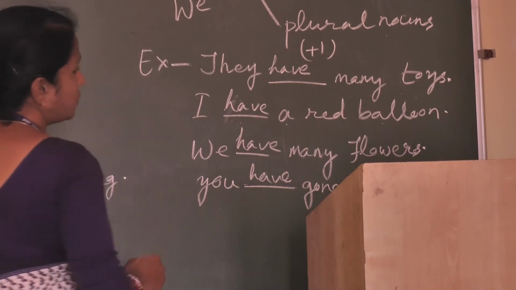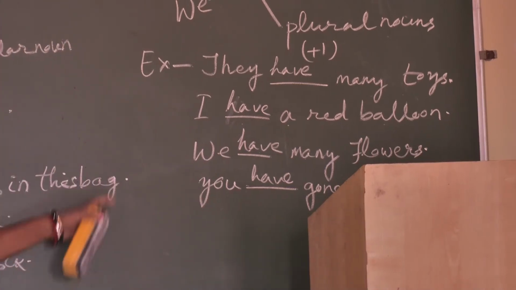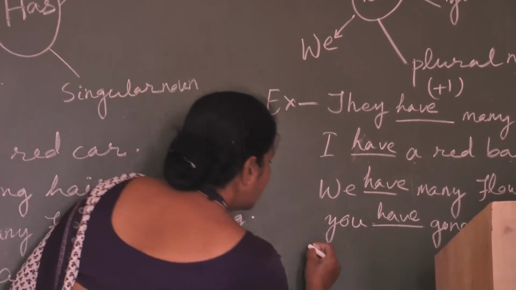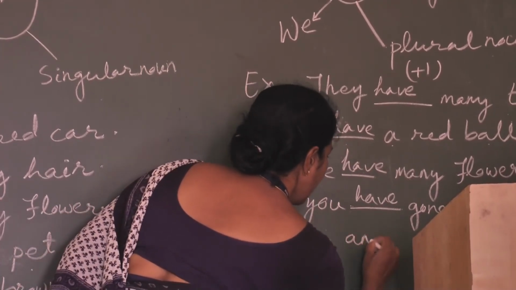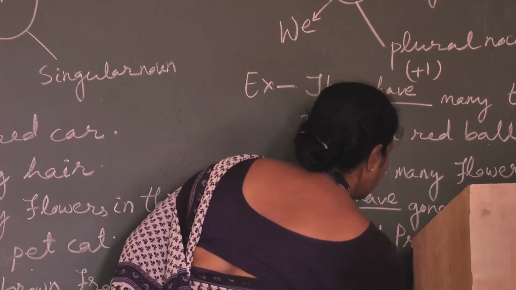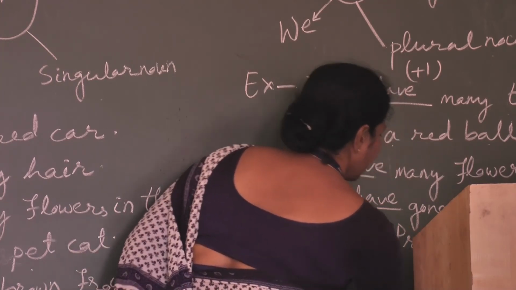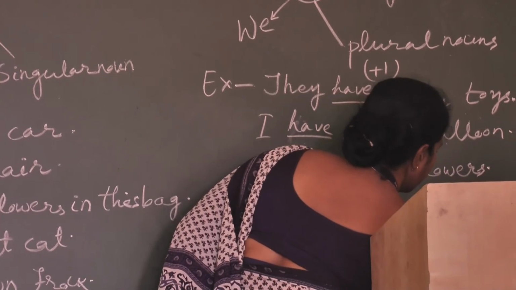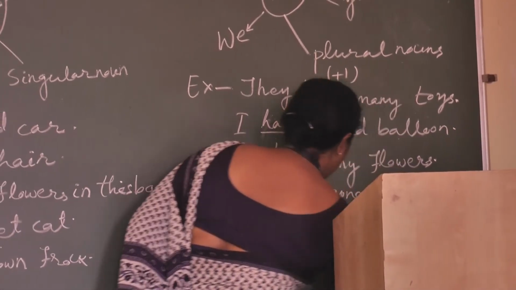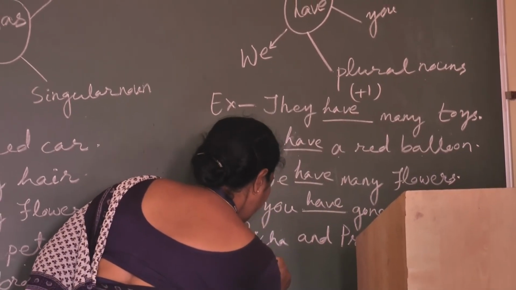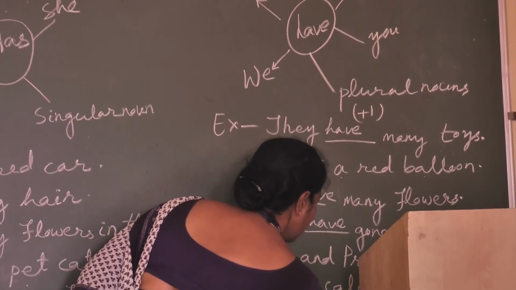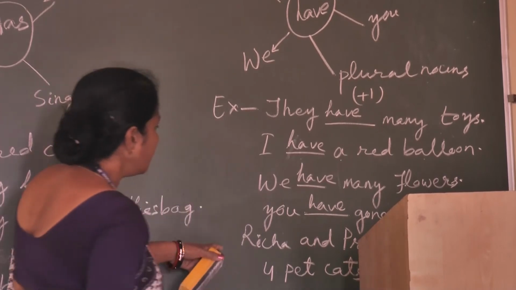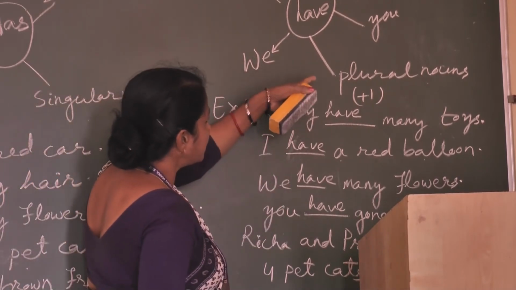Then we also use have with plural nouns. See, Richa and Priya dash have 4 pet cats. See here, Richa and Priya, what is there?